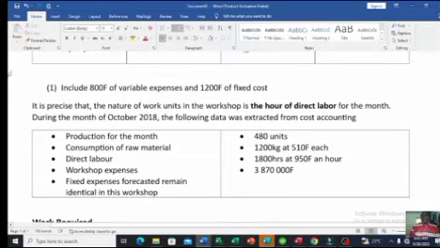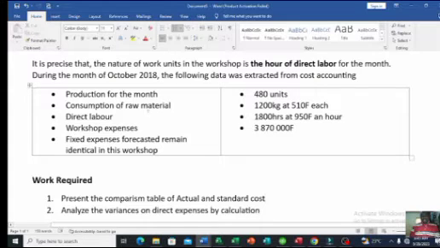With the actual, you see that our normal production plan was to produce 500 units of this product P, but we ended up producing only 480 units. So the consumption of raw material for the actual is 1,200 kilograms, and the hours of direct labor is 1,800. The workshop expenses, because they specified that the hours of direct labor is the nature of the work unit, we are going to use the 1,800 as well for the workshop expenses.